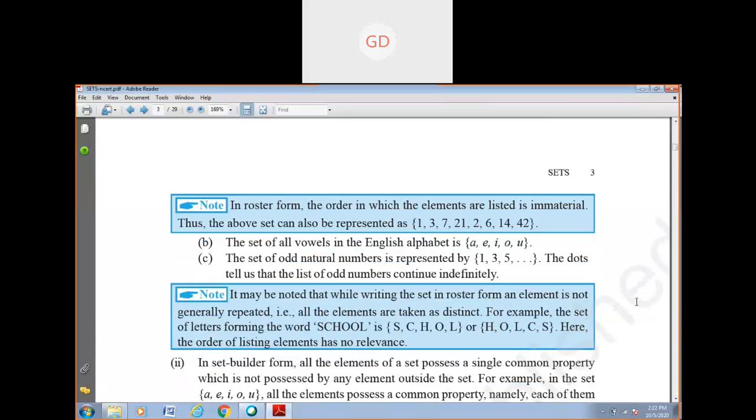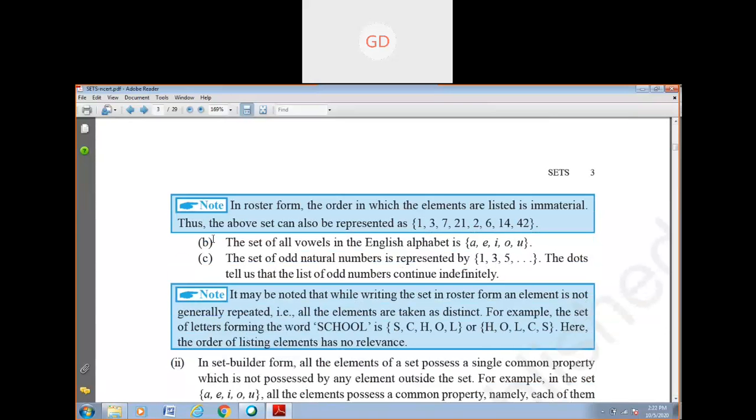Just all the elements, whatever we have to show, must be there within the second bracket, without maintaining any order. Just inclusion of all elements is essential. No element should be left out. So the order of writing elements inside the second bracket is immaterial.